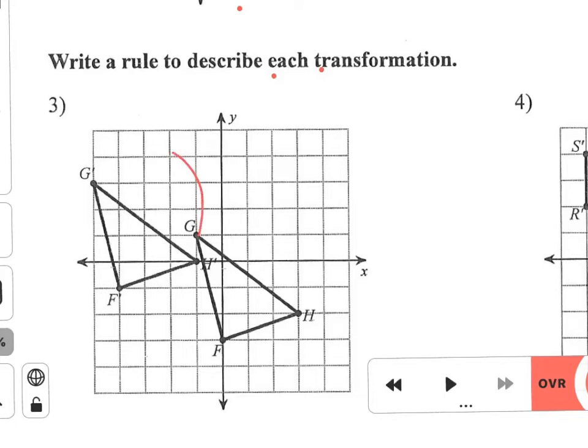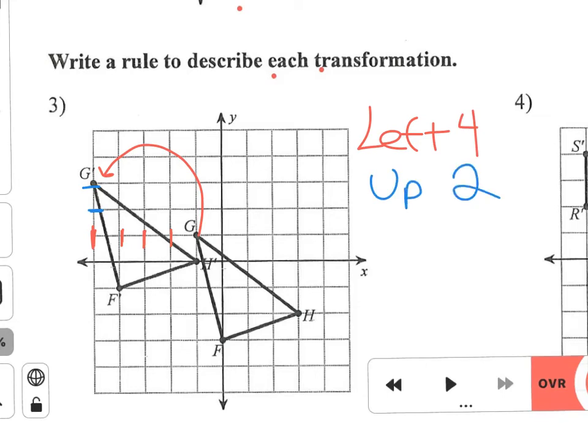I can see that to get from G to G prime, I have moved left 1, 2, 3, 4 units. So left 4. Now I also want to know how far I went up to get from G to G prime. So after I went left 4, I think, if I counted correctly, up 1, 2. So left 4, up 2.